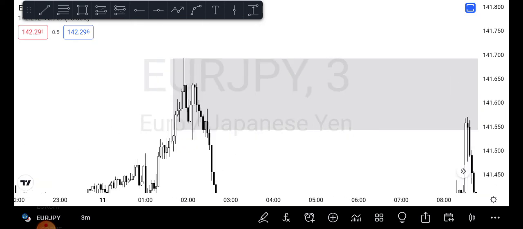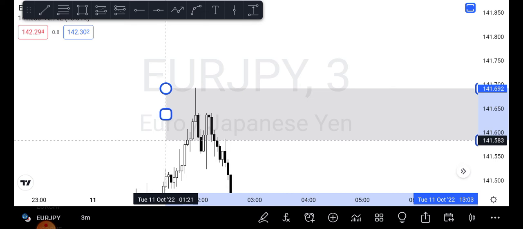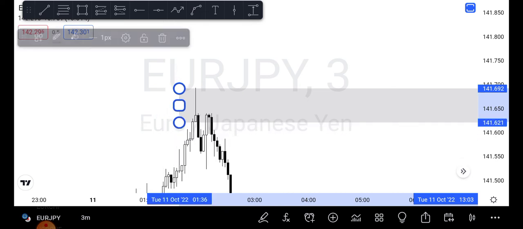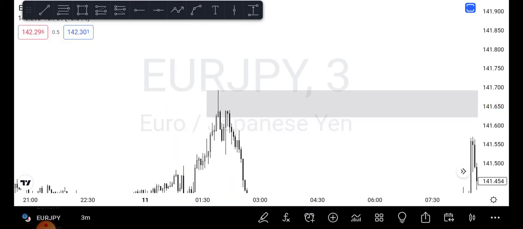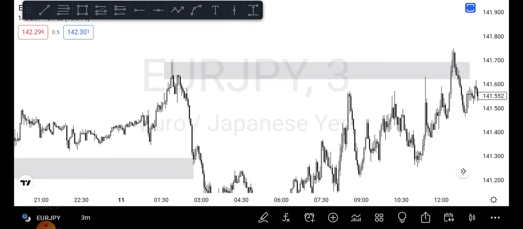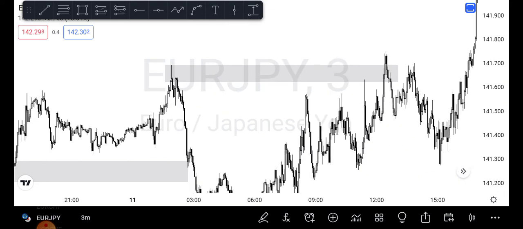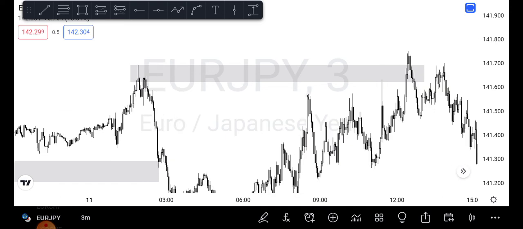As in this case, to be this, right? The last candle before an opposite move. As in case of a bullish order block, it will be the last down candle before a sharp up move, while a bearish order block will be the last up candle before a sharp down move.